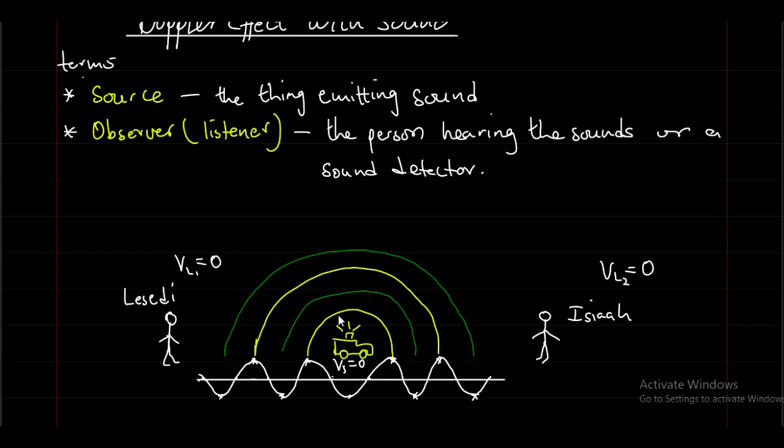Here I have sound waves. Let's say this is our trough, and the yellow one is our crest. So we have yellow crest and green trough.